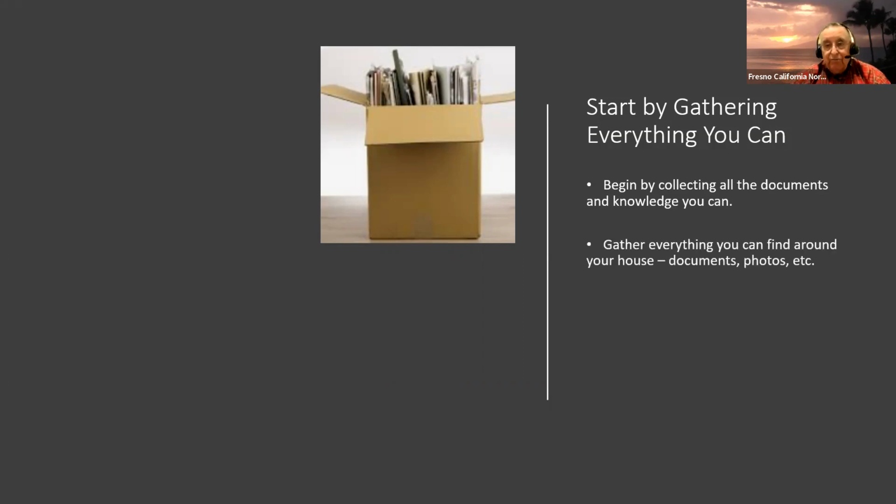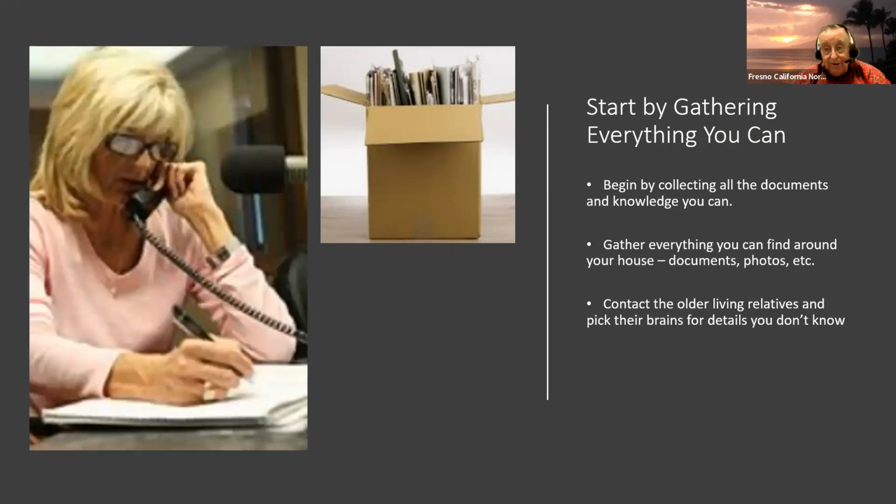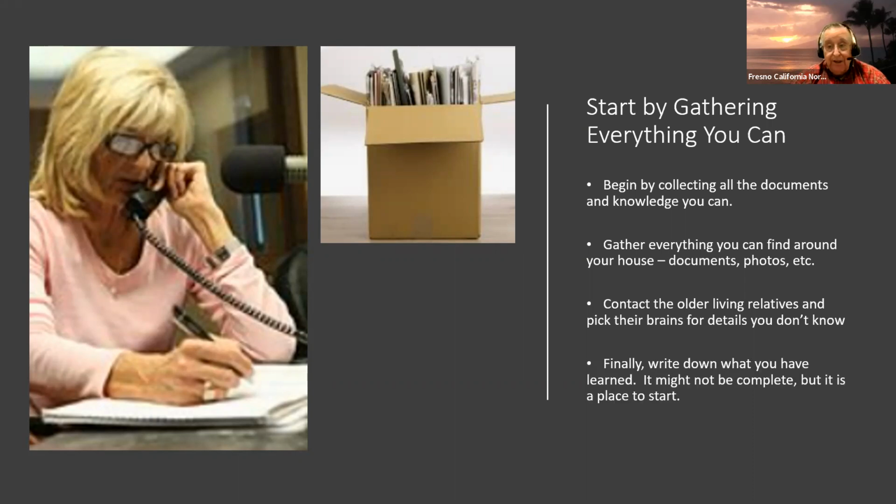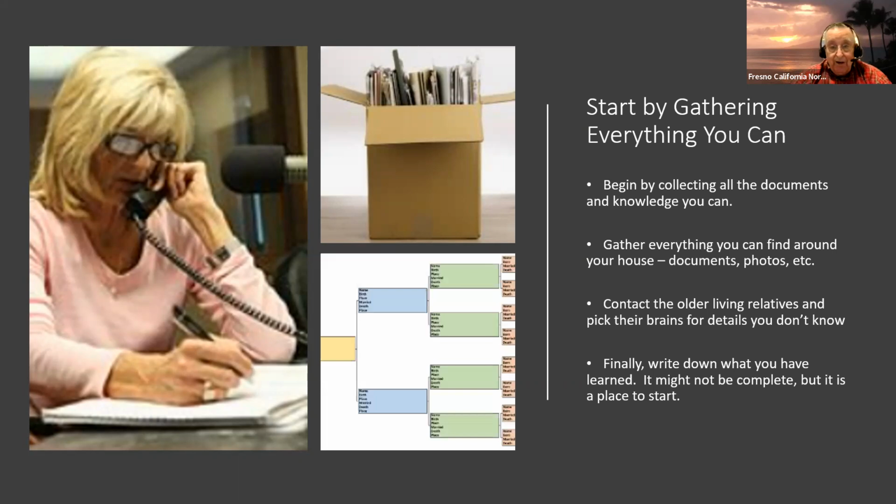Gather everything you can find around the house, stick it in the box. Then go out and contact the older living relatives, if there's older ones, and push them to find all the other bits of information that you don't know that they might know, and that will add more to what you know about your tree. And then write all this down.